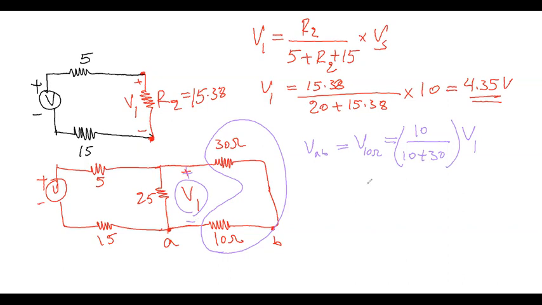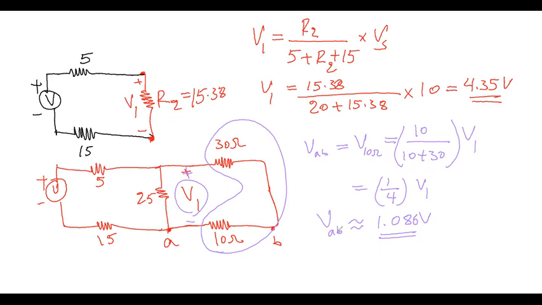So this is 1/4 times V1. It's approximately equal to 1.08 or 09 volts divided by 4. So yes, 1.086. So VAB, the voltage between A and B, is 1.086 volts.